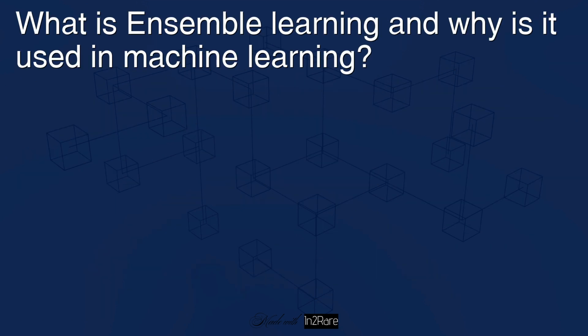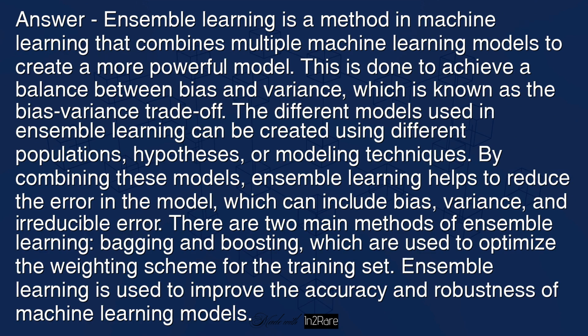What is ensemble learning and why is it used in machine learning? Answer: ensemble learning is a method in machine learning that combines multiple machine learning models to create a more powerful model. This is done to achieve a balance between bias and variance, which is known as the bias-variance trade-off. The different models used in ensemble learning can be created using different populations, hypotheses, or modeling techniques.